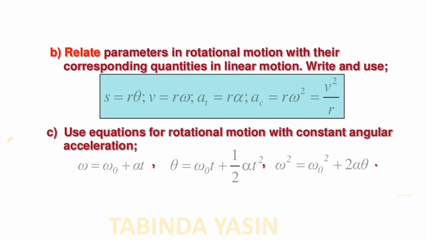And the C part, we can see the equations for rotational motion with constant angular acceleration. These are the equations we use for rotational motion: omega is equal to omega naught plus alpha t, theta is equal to omega naught t plus 1 over 2 alpha t square, and the third is omega square is equal to omega naught square plus 2 alpha theta.